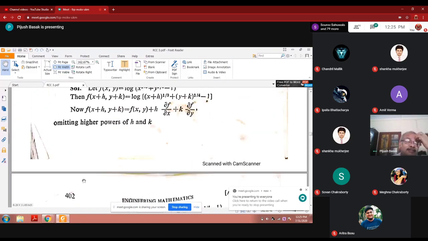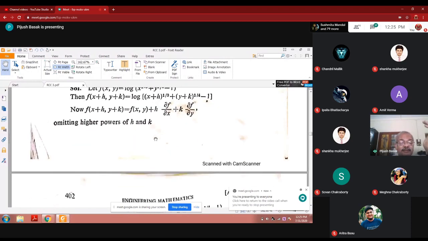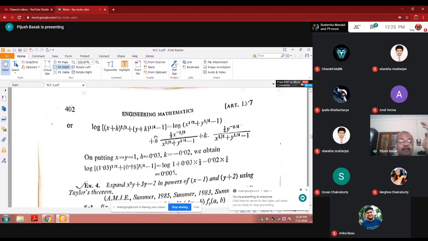Following your problem, first you substitute x, y as 1 and 1. Then after calculation, it will come as this. Substituting x, y as 1, and h, k is the fluctuation from x, y. h and k are 0.03 and minus 0.02.